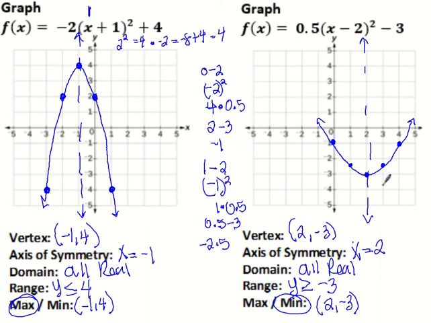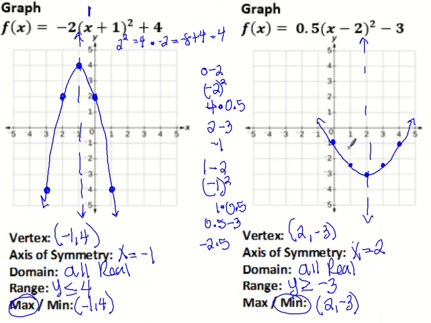And if it makes sense to you to use the pattern of the parent function, you can do that, or you can fill in a table like we did in 8.1. Okay, it's completely up to you. And the nice thing is you only need to find 2 on one side to mirror it on the other side, meaning since this is at 0, -1, and it's 2 away from my axis of symmetry, its pair should be 2 away on the other side of my axis of symmetry.